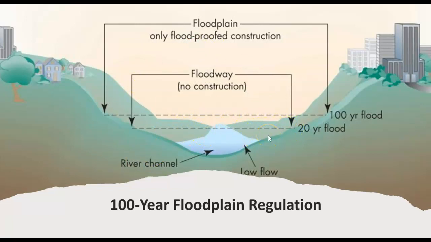Nobody can build there. You're not allowed to build anywhere in this zone. Here's the 100-year floodplain. You can build there, but you have to build in a certain way, right? We have these regulations that allow you to do that. This is one of the main ways that we're trying to reduce the amount of hazards associated with flooding. That's how we get people to stay out of the danger zone, right?